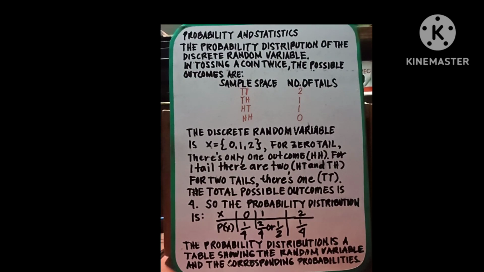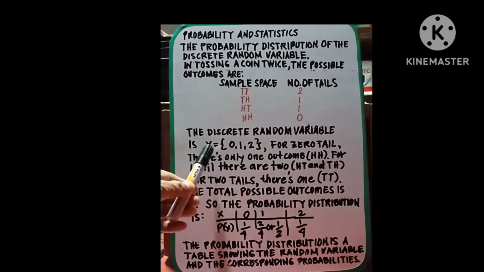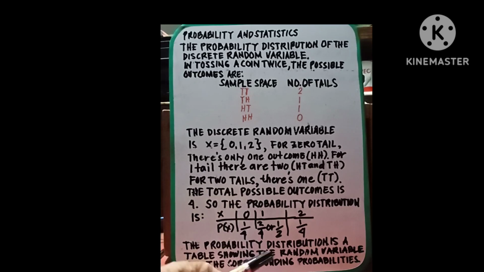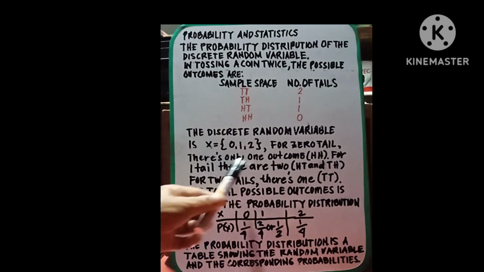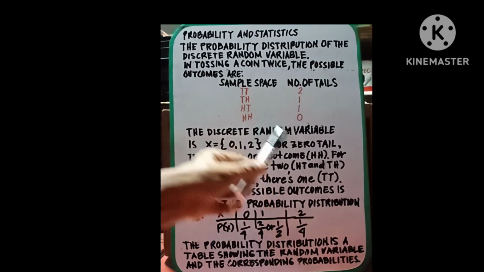So the discrete random variable is x, and it has elements 0, 1, 2. So x is the set {0, 1, 2}. For zero tails, there is only one outcome, that is HH.